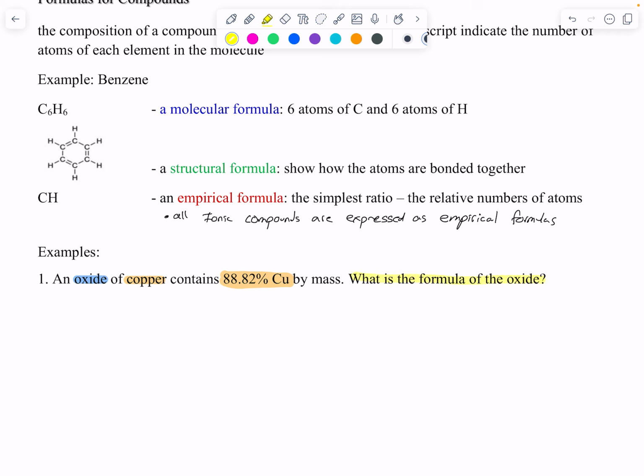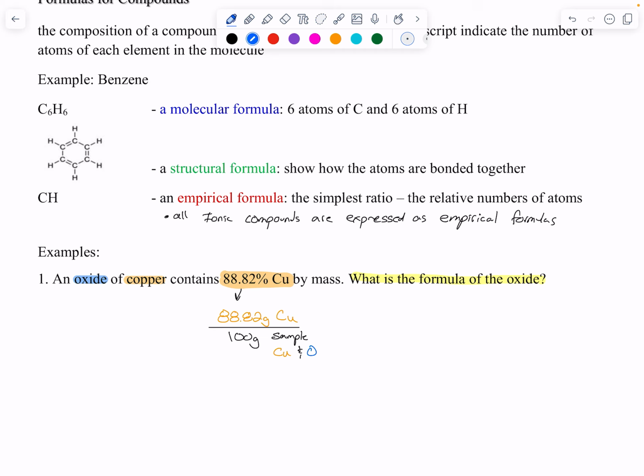So now, this mass percent is 88.82 grams of copper per 100 grams of sample. We have copper and oxygen, which is Cu and O. We just don't know how many Cus and how many Os.